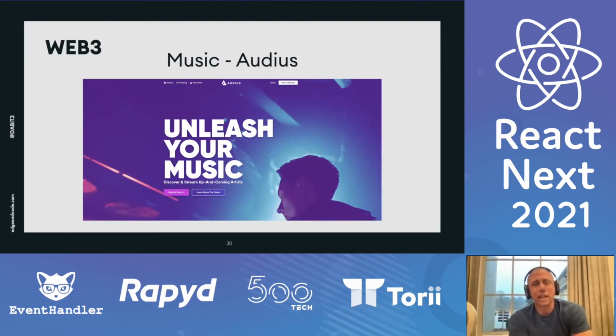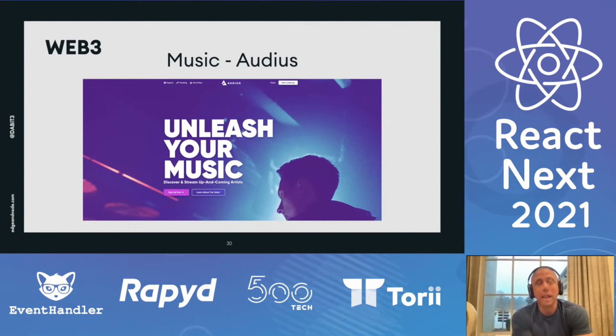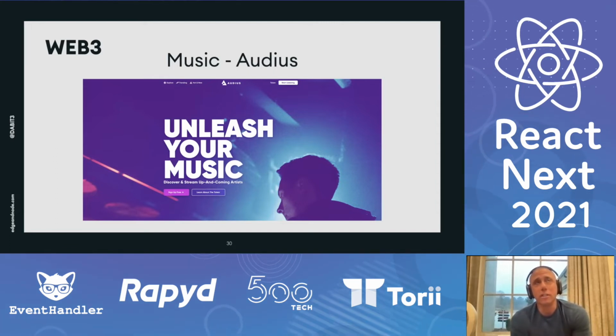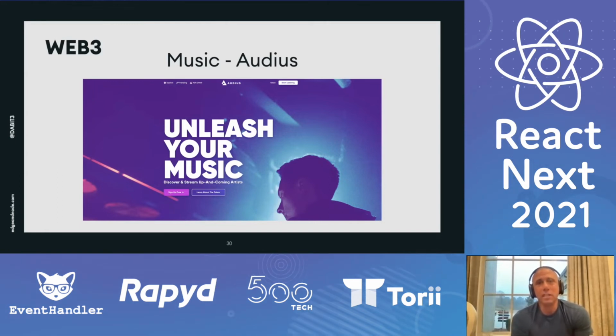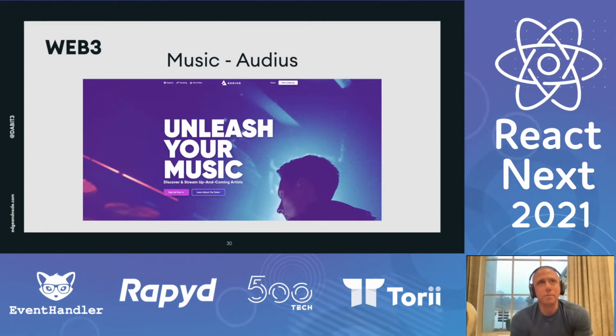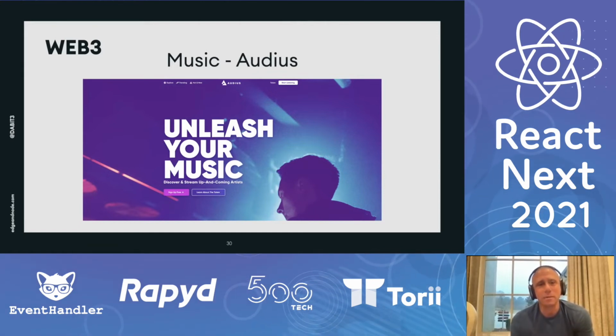So Audius is like a Web3 streaming platform that changes how you think about making money as an artist, and it's allowing people to have exponentially more returns per stream using different Web3 tokenomics and, I guess you could say, incentive mechanisms around how we think about building an application.